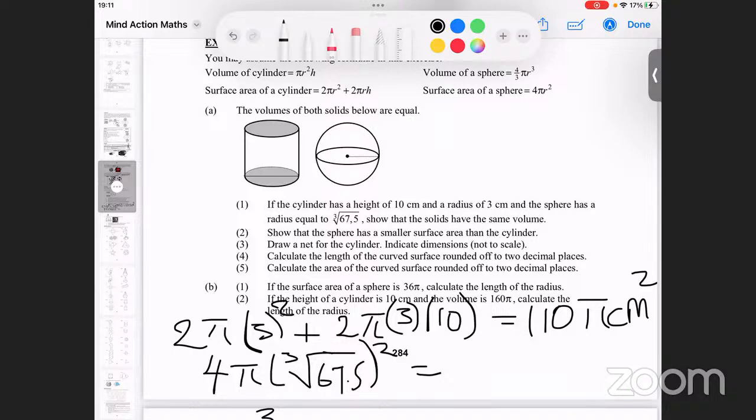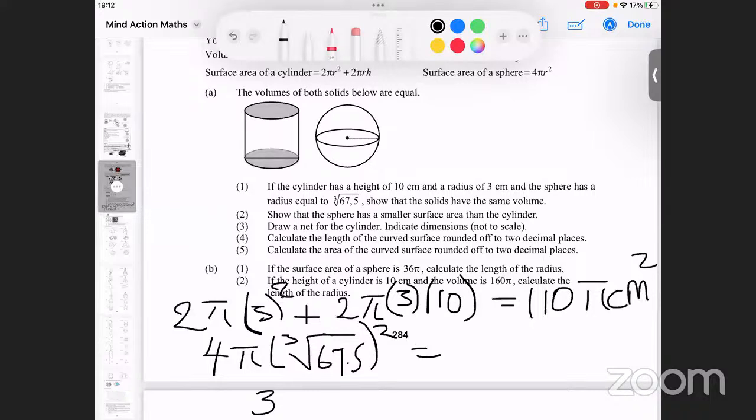I'm just going to quickly calculate it. I got 208.3270733.